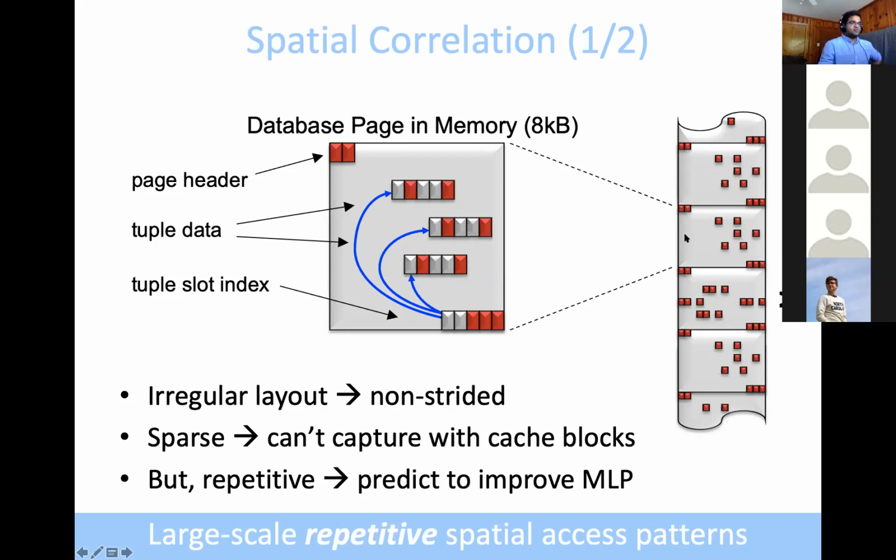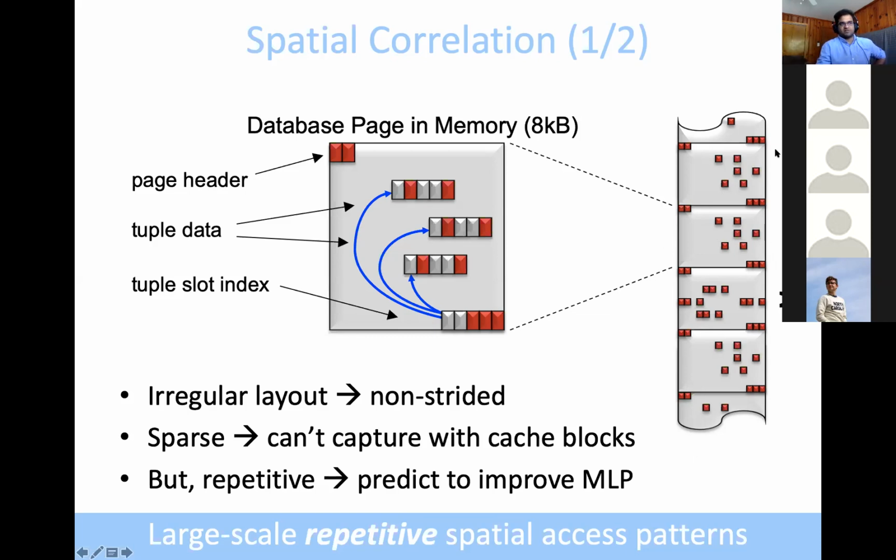Also, the data is sparse in that it's not tightly packed together, where you just fetch that block and then you don't care which part of the block is accessed.